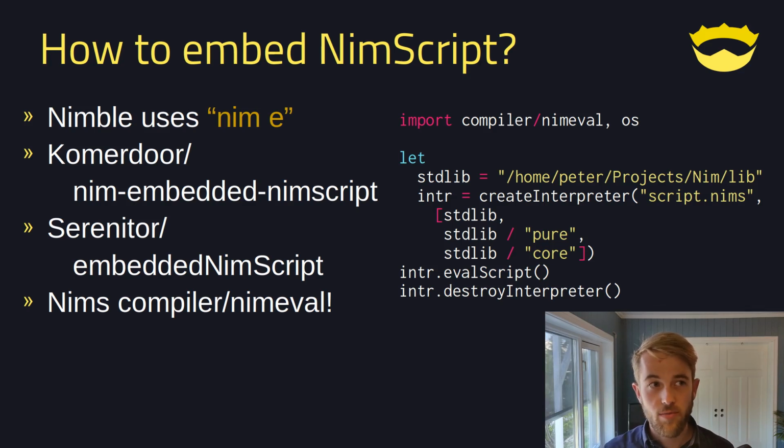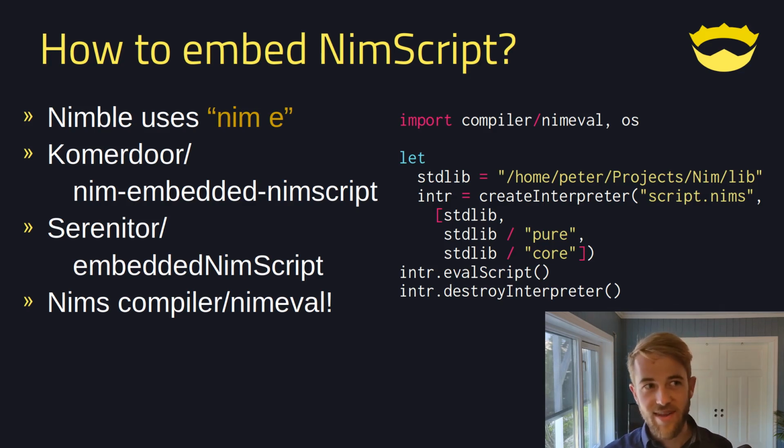There were also two projects, one by Commodore and one by Sereniter, both called Embedded NimScript. They were written quite a long time ago, and they're not really updated. I started poking at them and trying to get them to work on the latest Nim. And I asked around on IRC, and Andreas asked me, why aren't you just using the built-in functionality for this?